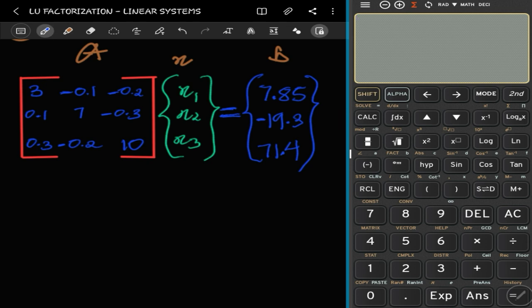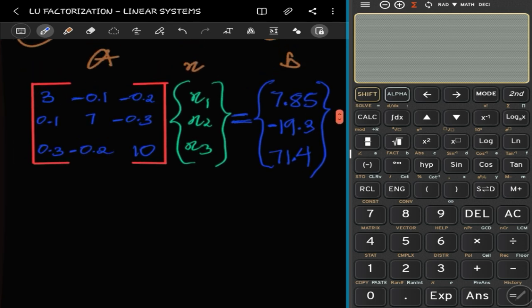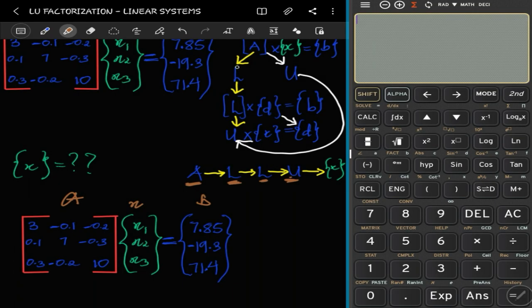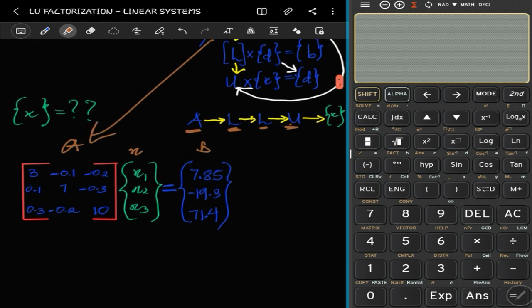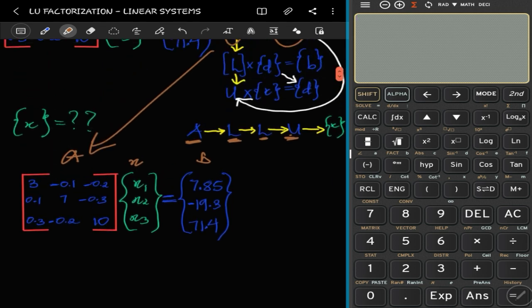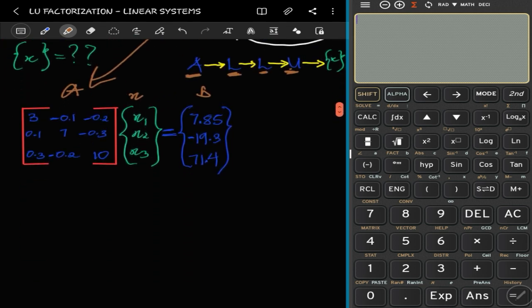we transform the A. So there's the A. What we need to do now is to get a lower triangle and an upper triangle from this A. So let's get the upper first. Generally, by the method we use, we get the upper first.